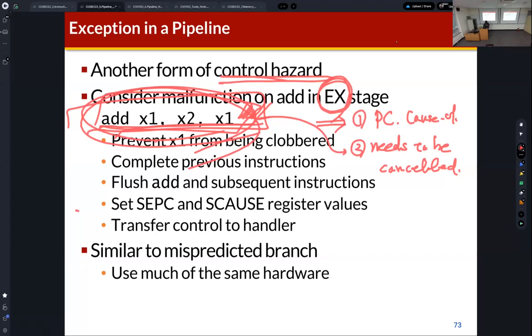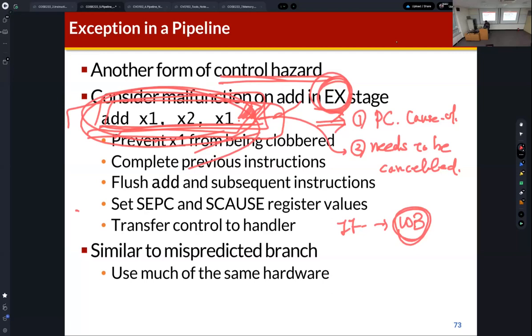If an instruction passes from instruction fetch to the write back, which is the last stage of the processor, that means the instruction is completed. But the exception is detected when this instruction is in the EX stage, and then we need to cancel it. So we need to avoid the execution of this instruction, right?